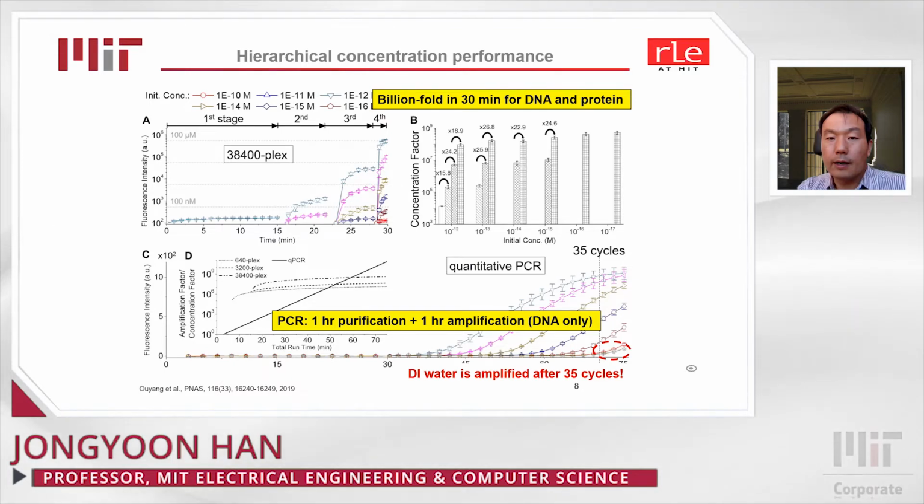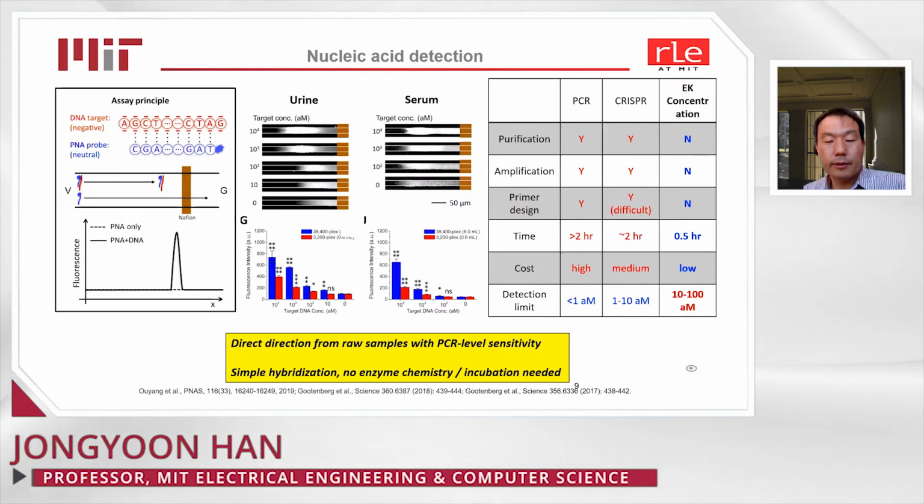So what does that mean in reality? We detect clinical level sensitivity, PCR level sensitivity, from raw samples, such as urine or serum, without utilizing any complicated chemistry or incubation. In this implementation, we are simply using hybridization.